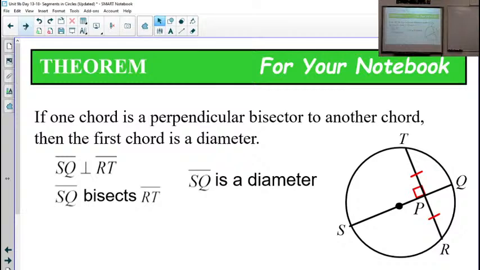What this is really doing is giving us a fancy way of saying that a diameter is going to be the only way to split a circle cleanly into two equal pieces, which we actually used in the first part of this chapter to get some angles, because sometimes we use the fact that halfway around the circle is 180 degrees, using the fact that a diameter splits our circle into two equal pieces.